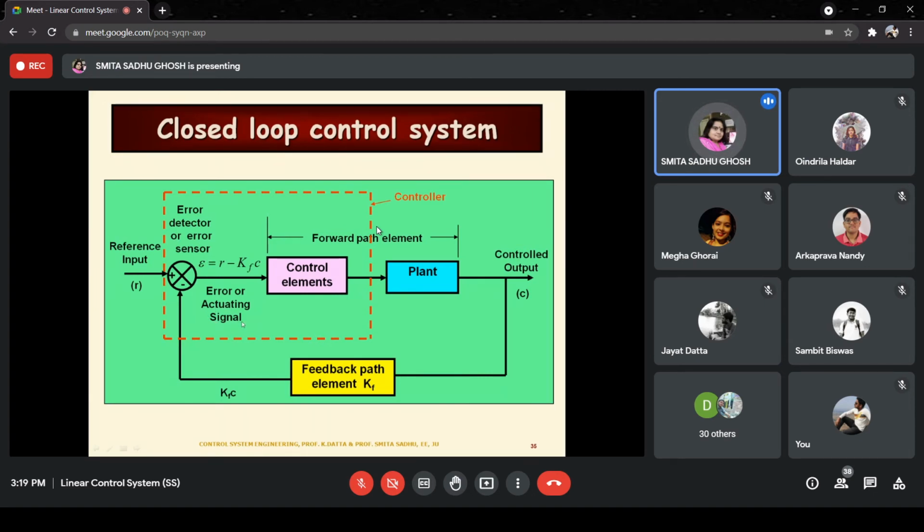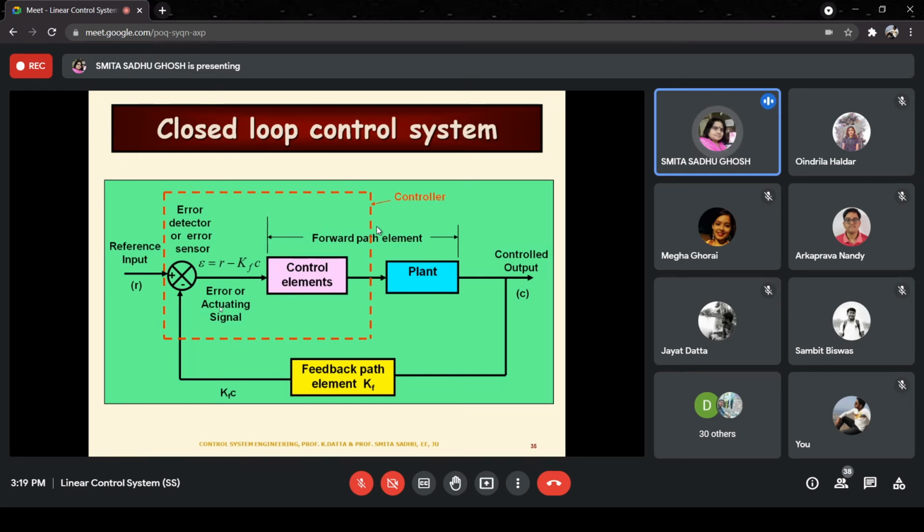Because error, we say, is the difference between output and input, or input and output. But that is not going to be the case here, meaning we are not going to have the difference between input and only output. Over here we are going to have the feedback signal itself, which consists of something multiplied by the output. So in general this is called the actuating signal. In some books you may find the term actuating error.